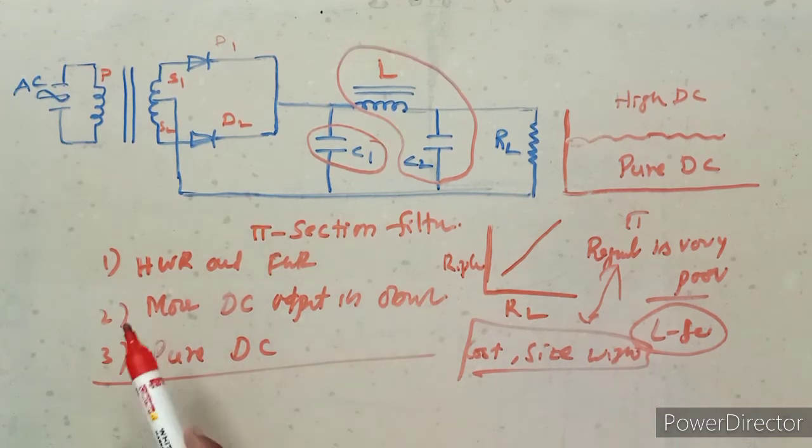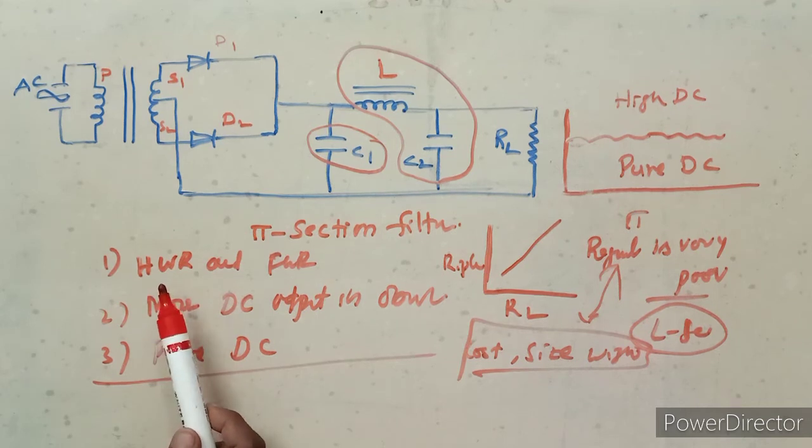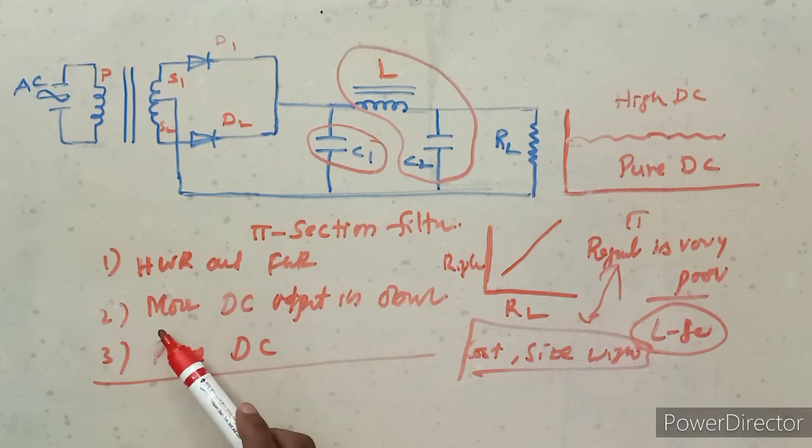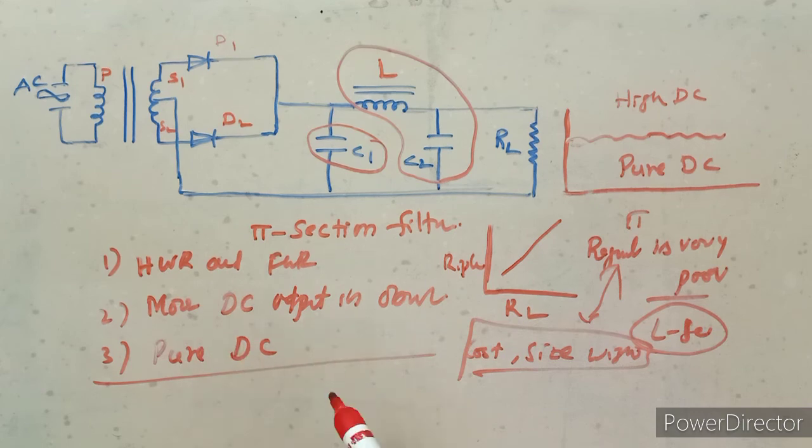So the pi-section filter is used in high voltage half wave and full wave rectifiers, where more DC output is obtained and the output is almost pure DC.